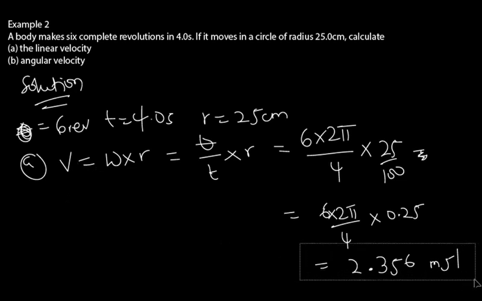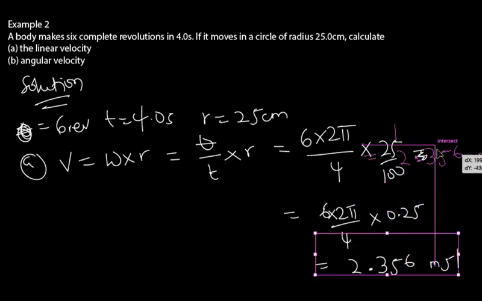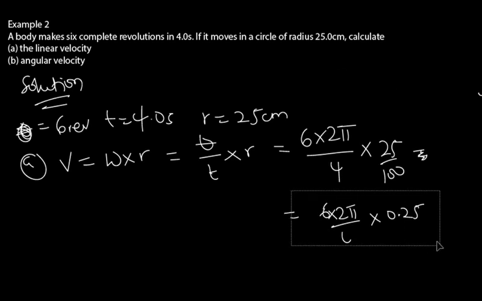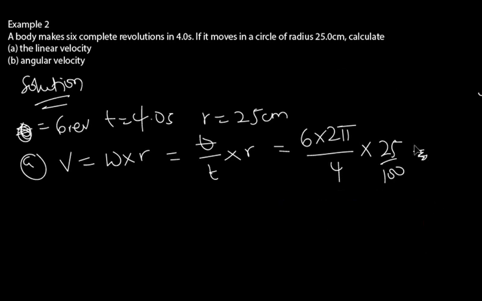So this gives us 2.356 meters per second. For B, we have to find the angular velocity.